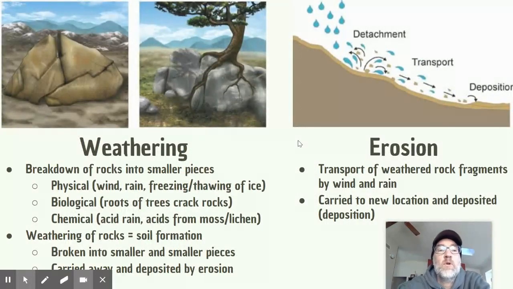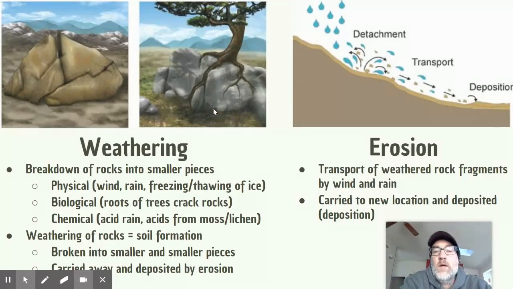So rocks are broken down either physically, by wind, rain, freezing, thawing; biologically, through the action of trees; or chemically, by acid rain. Acids from things like mosses and lichens can help break down rock, and weathering of rock is the start of soil formation. So that's breaking down that rock into smaller and smaller pieces.